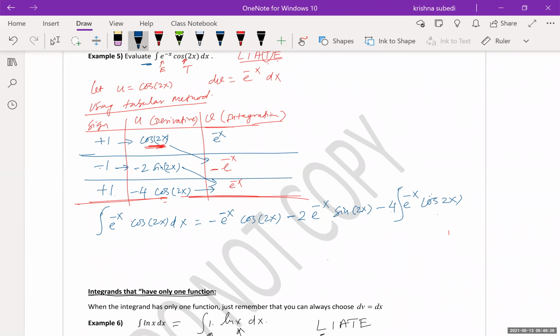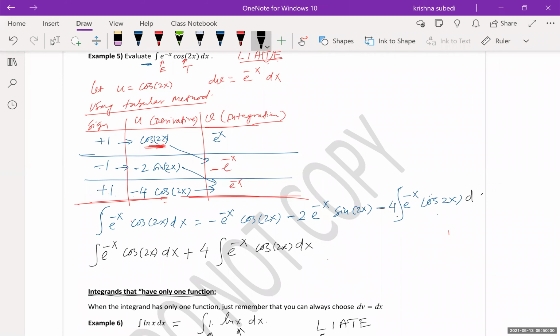All the terms that have an integration sign, I will keep on the right hand side, because on the left hand side we cannot have that. So on the right hand side, if I bring this, I'm going to get the integral of e to the negative x cos 2x dx plus 4 times the integral of e to the negative x cos 2x dx, because this negative, when you change to the other side, will be positive.